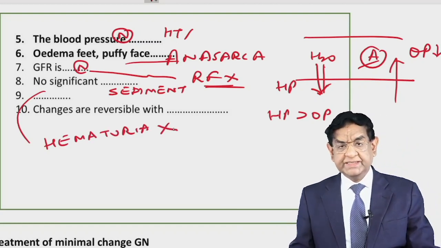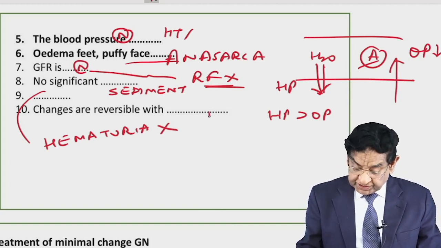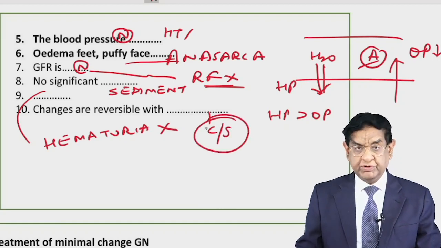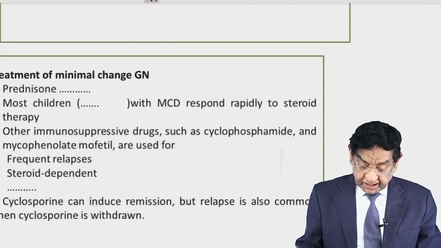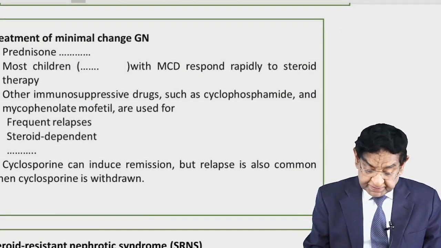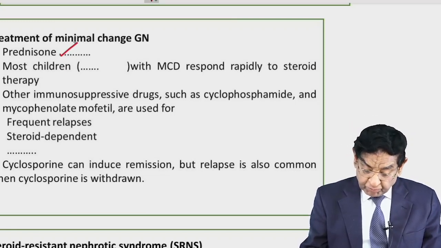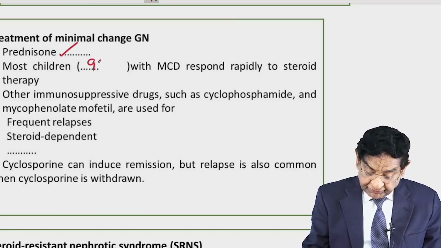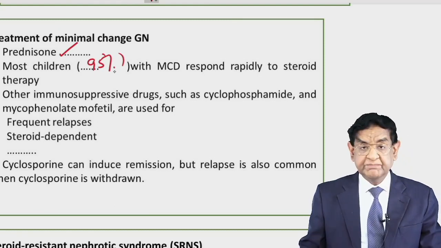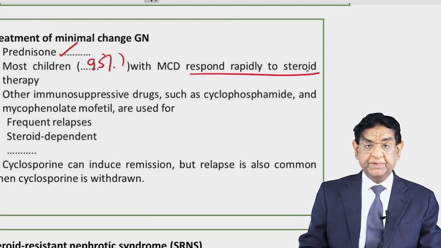By and large, urine examination is normal. And one more good thing, the changes are reversible with the use of corticosteroids. CS stands for corticosteroids. Now, how do you treat a case of minimal change disease? As I told you, the main treatment is prednisolone, corticosteroids. Around 95% of cases of minimal change disease respond very well to steroid therapy.